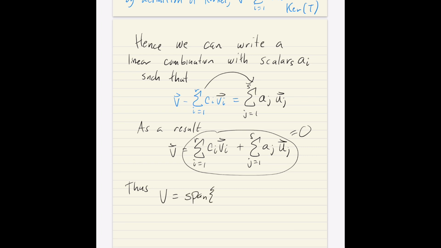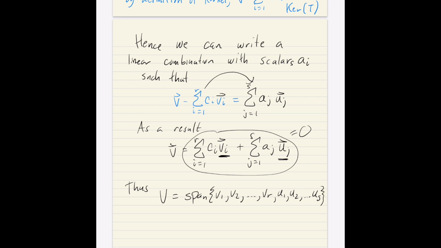If we have a linear combination of pairs of vectors, we can take each one from the first sum and each one from the second sum, and they will span the entire space: v1, v2, all the way to vR, and u1, u2, all the way to uS.